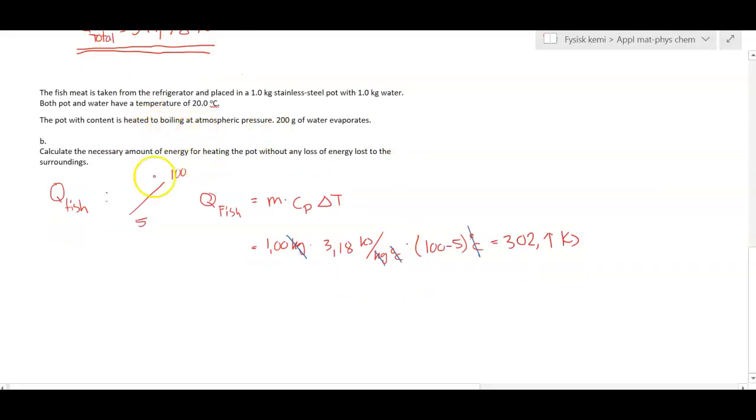We also have a pot that is heated. So Q pot, the pot went from 20 degrees to 100.